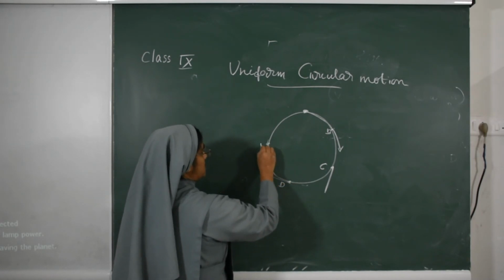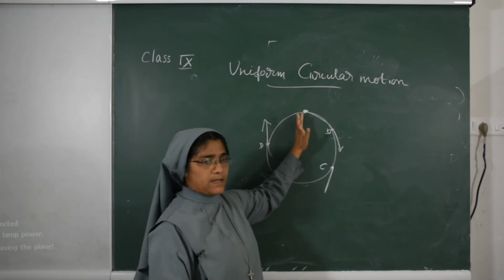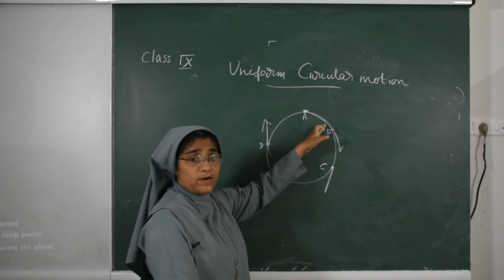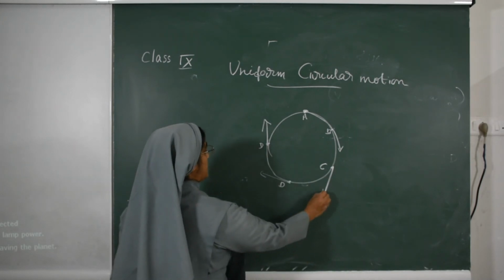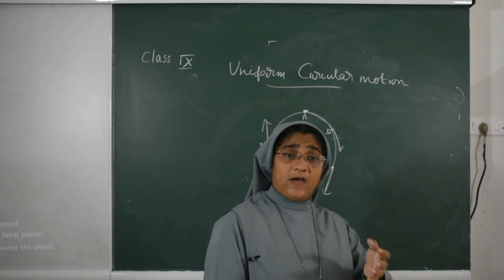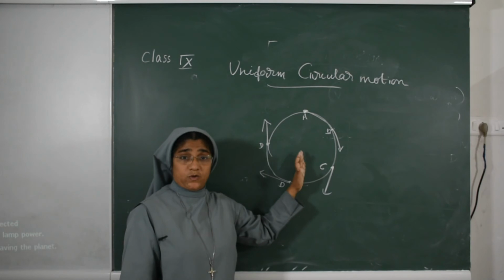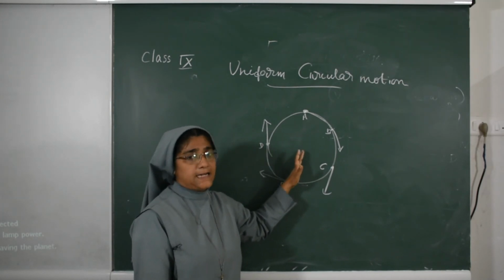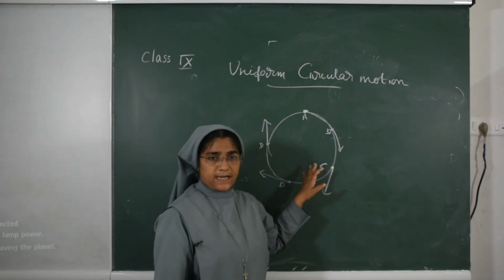When he reaches position D, the direction of motion is like this. So he started from A, and when he reached B the direction of motion changed, and again and again it keeps changing. This means the velocity is changing. Velocity changing means the motion is accelerated. So the circular motion of the athlete is accelerated motion.